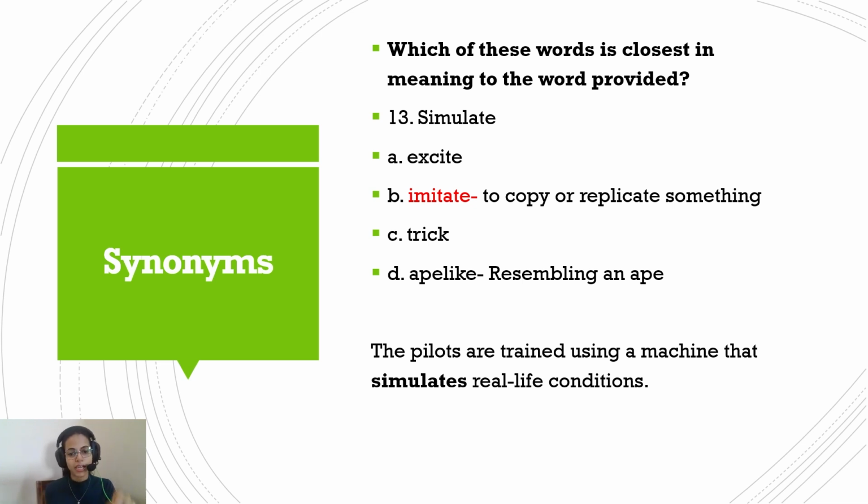So they practice on simulations. That is a real experience, sort of. It's computerized and it gives a real life flying experience. That's exactly what simulation is, but it can also mean to imitate, to copy or replicate something. So the pilots are trained using a machine that simulates real life conditions.